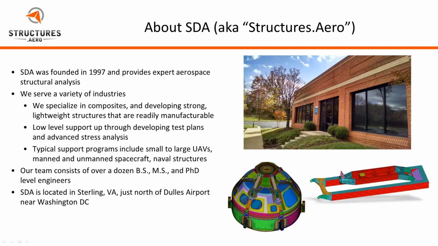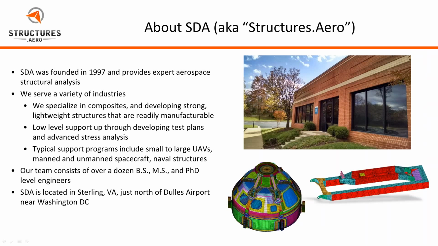Okay, so we are SDA, also known as Structures.Aero, which is our website. We were founded in 1997 to provide expert aerospace structural analysis. We serve a variety of industries, specializing in composites with strong, lightweight structures that are readily manufacturable. We go from low-level support all the way up through full test plans and advanced stress analysis.